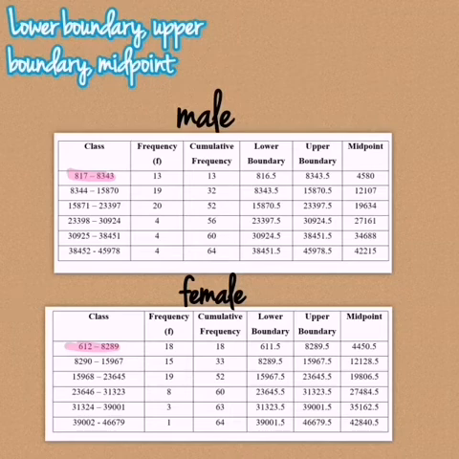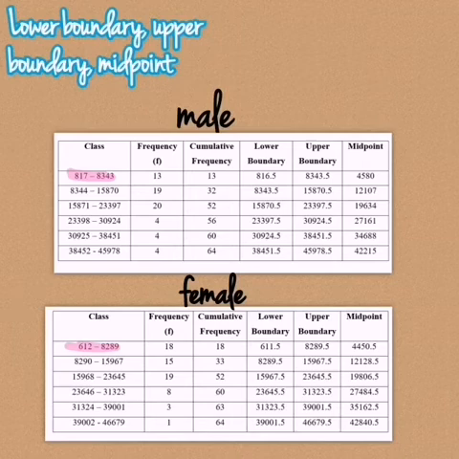For example, from the highlighted number in the male table, 817 minus 0.5 will be 816.5 for lower boundary, while 8343 plus 0.5 will be 8343.5 for upper boundary.